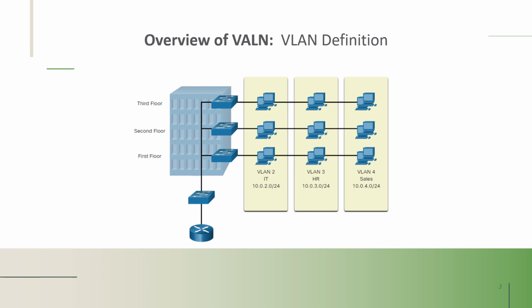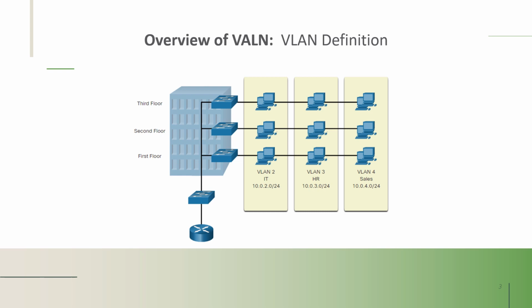Multiple IP subnets can exist on a switched network without the use of multiple VLANs. However, the devices will be in the same layer 2 broadcast domain. This means that any layer 2 broadcast, such as an ARP request, will be received by all devices on the switched network, even by those not intended to receive the broadcast.